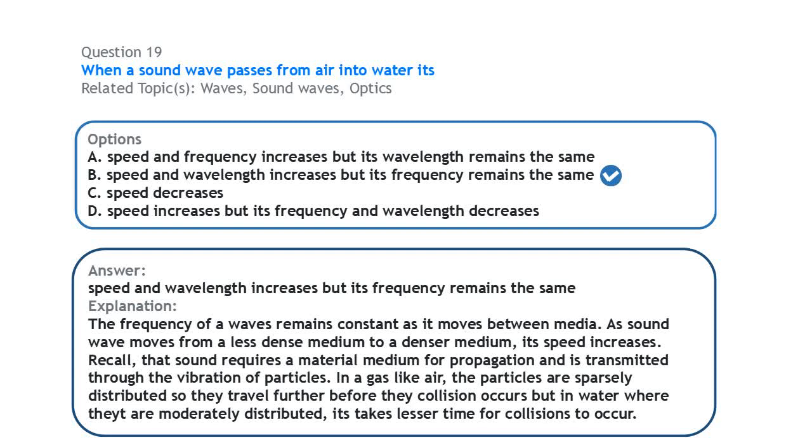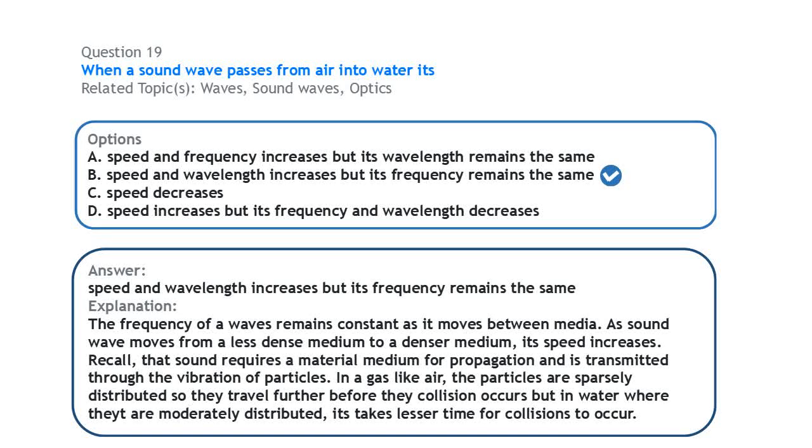So the speed of sound in water is going to be faster, because the particles are closer than in air. Okay, and so it is easier for the vibration to be transferred between them. So the speed and the wavelength would increase, but the frequency of the wave will remain the same.